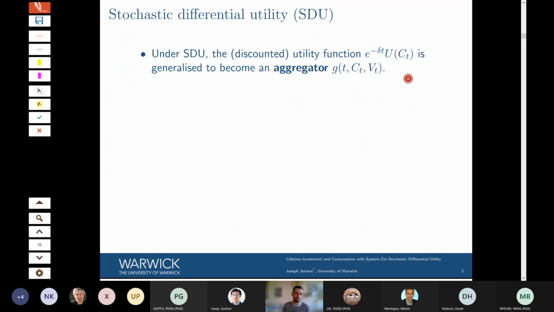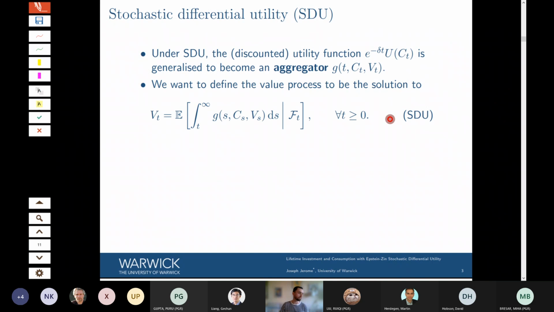Actually, in our paper, we go one step further and allow this to be an aggregator random field. So we allow it to depend on omega as well, but for the purpose of this presentation, we don't need to go into that.